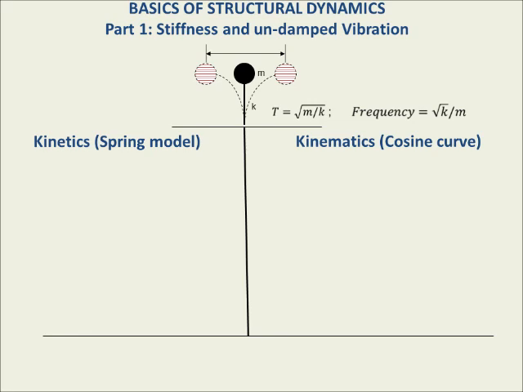So as is typically the case with a lot of derivations and a lot of studies in the whole of mechanics in general, we look at things in terms of the kinetics and the kinematics. That is to say, we look at things in terms of the kinetics, which means Newton's laws of motion, masses, accelerations, velocities, and forces.